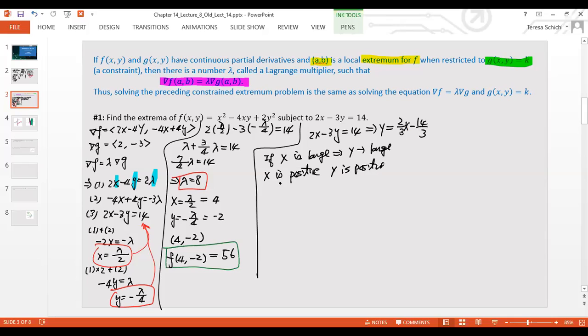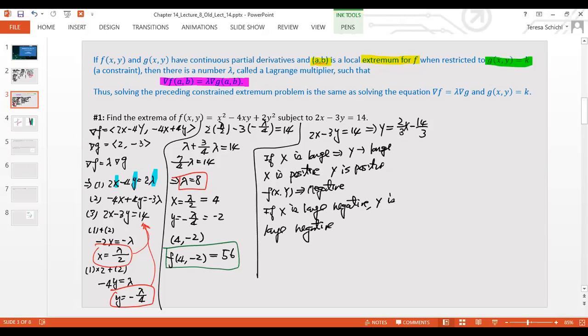then when you plug the numbers back, you will find f of x, y gives you a negative number, which is less than 56. And if x is a large negative, y is large negative also, right?